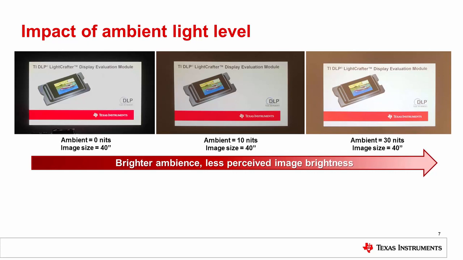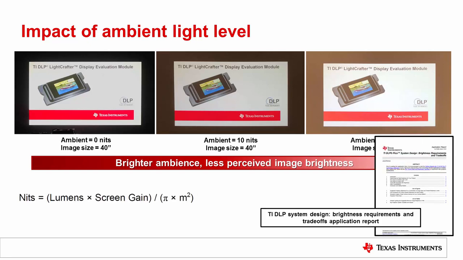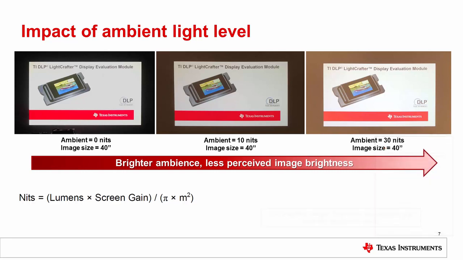We can also calculate the actual image brightness using the equation mentioned in the brightness requirements and trade-offs application note. As mentioned, the projector brightness is 410 lumens. The screen used in this example is a white projection screen with a gain of 1.